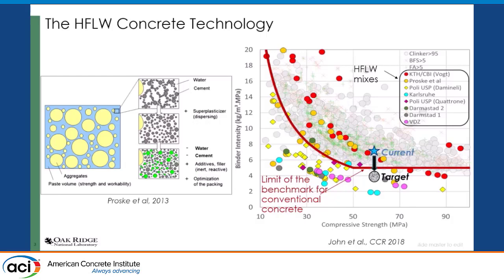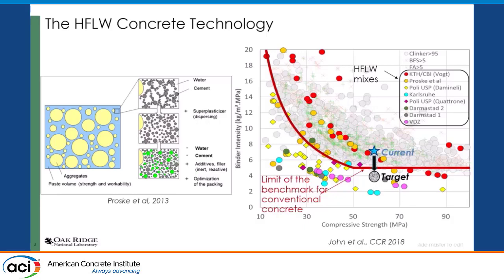So all this big cloud here is the data from the literature from 156 articles worldwide that plot this binder efficiency against the strength. So you can see there's this red line that kind of limits where the traditional technology is. The colorful markers are high filler, low water mixes practiced by groups outside the US.